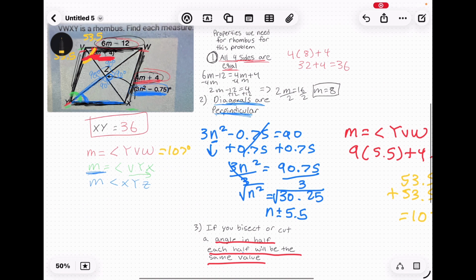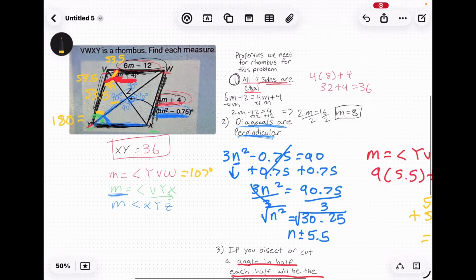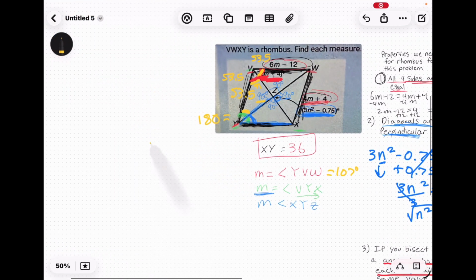Okay, so now if this half equals 53.5, and we know this is 90, and I want to find this part right here inside the triangle, well, we know that a triangle equals 180, correct? So I would do 53.5 plus 90 plus x, because I don't know what this angle is, equals 180.